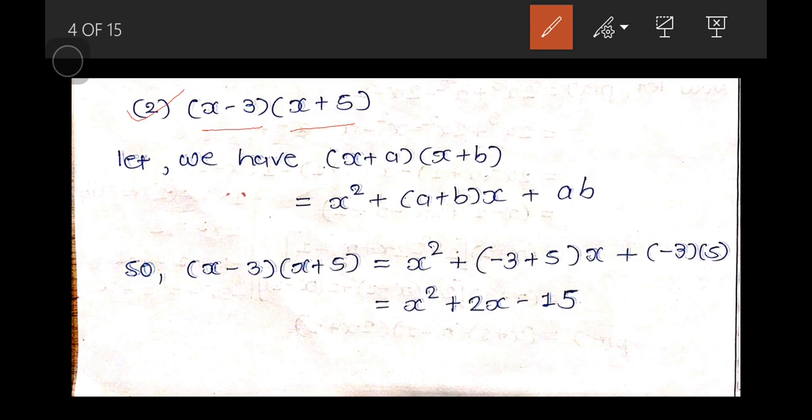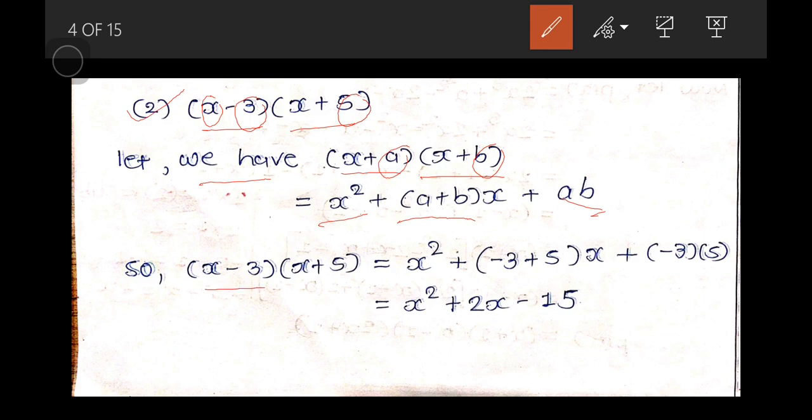So we use the other identity that we know, x plus a into x plus b, whose expanded form is x square plus a plus b x plus a into b. Here we select x as x, a as minus 3, and b as 5.